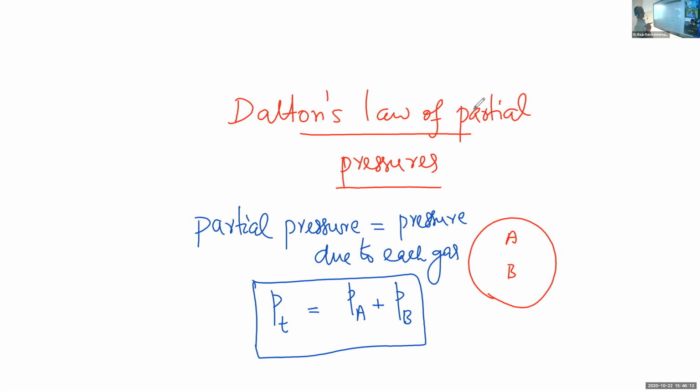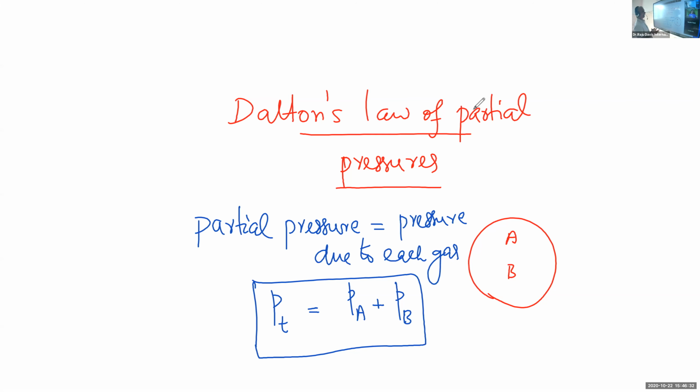law of partial pressures. So P total of a mixture of gases is equal to the sum of the partial pressures of the respective gases, the individual gases. So PT is equal to PA plus PB.